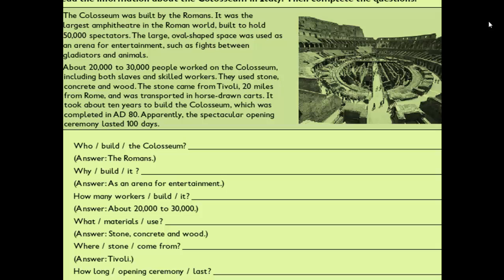It took about 10 years to build the Colosseum, which was completed in 80 AD. Apparently, the spectacular opening ceremonies lasted 100 days. Now, number 1.